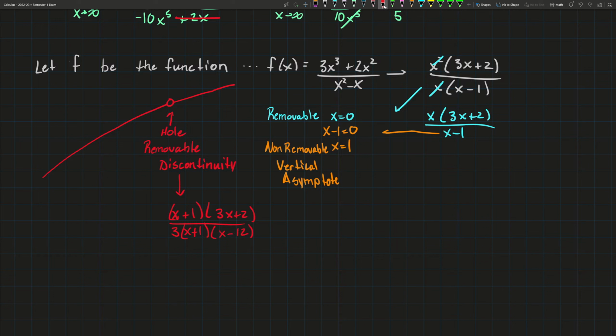The hole here would be when those common factors equal 0. The reason it's a hole is because that point doesn't exist in the function, but we can factor it out and ignore it. If this f of x is our function, that x plus 1 is still included in the numerator and denominator. But if we're graphing it, we can ignore it. It just doesn't exist at that one single point. That's removable.